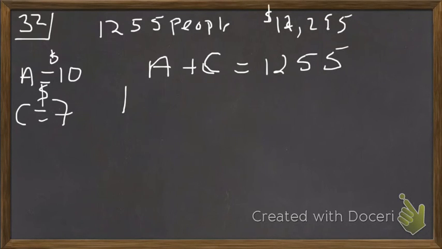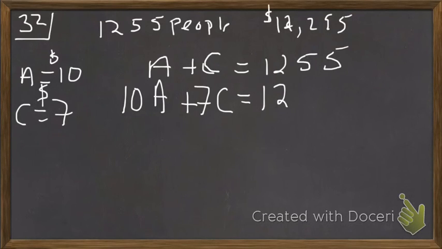It's a miracle. 10 adults plus 7 times the number of children equals 12,295. Yes, it should say 10A equals $12,295.